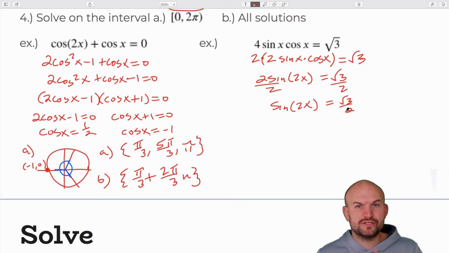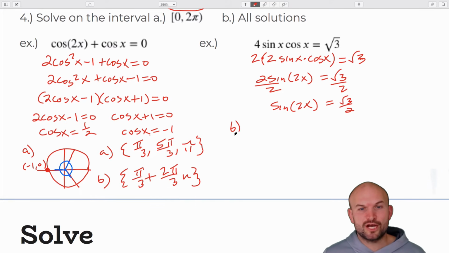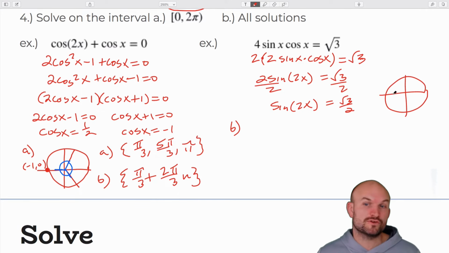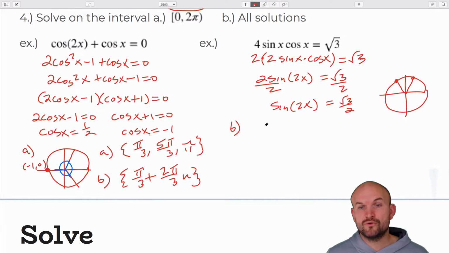And now we can go ahead and use the double angle here. So again, when we're doing the double angle, we want to find all the solutions first. Looking at the unit circle, sine of 2x is going to equal the square root of 3 over 2. That's going to be here and here. Now again, these don't have any symmetry with them, so we need to add 2 pi n to them.